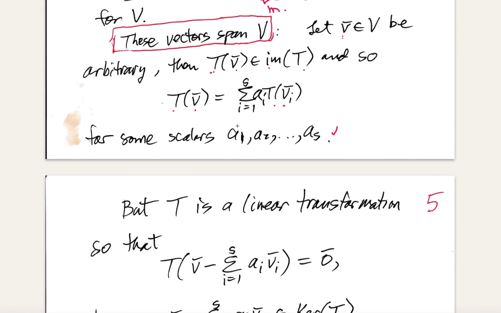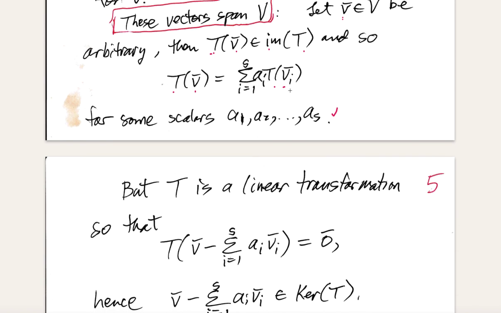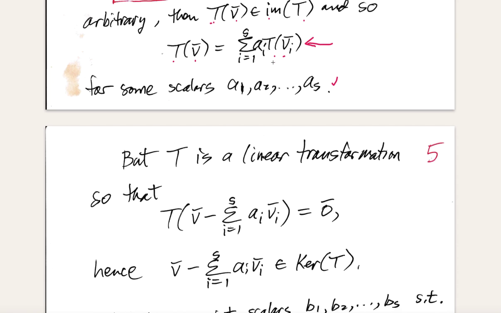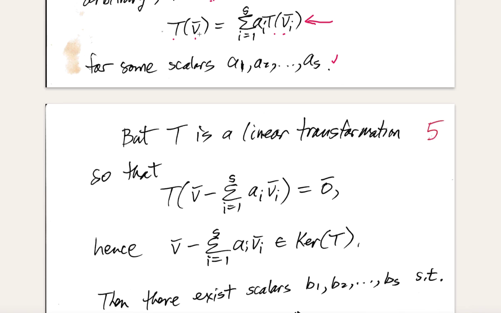But T is a linear transformation, so we're going to play a little magic here. I'm going to imagine subtracting this guy on both sides, and notice that because it's a linear transformation, I could take the T on the outside of the summation, and because it's T on both of these, I could move it outside the V bar and the summation.